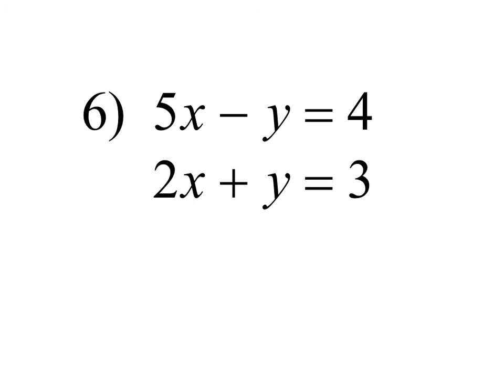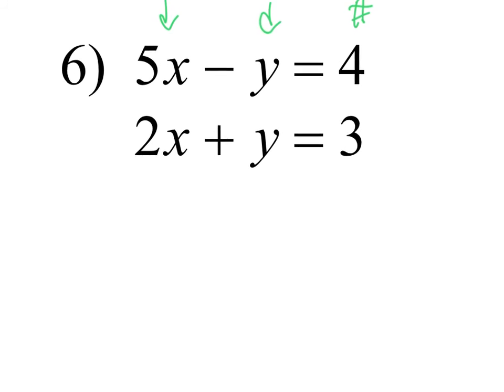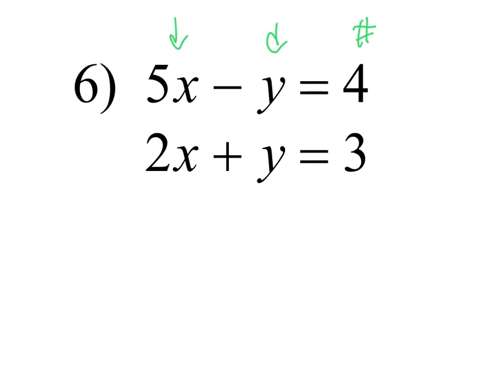All right, here, these are already in the same order. We have our x's, our y's, and then our numbers. So we can just go ahead and start by looking at our variables. Can we combine these, or do we need to multiply by some number first? You can combine them, like the y's.